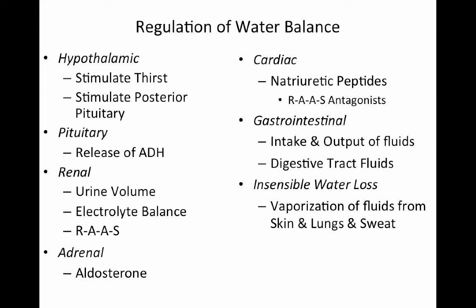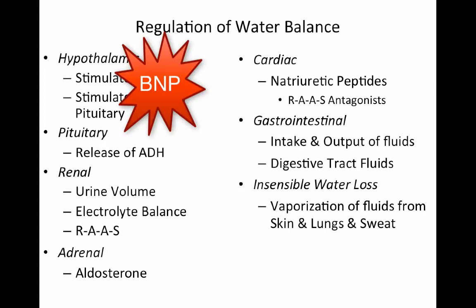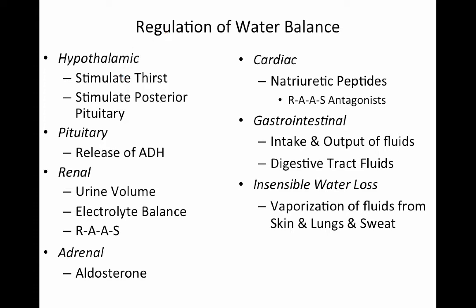BNP stands for brain natriuretic peptide, and it is secreted by your heart. The net effect of BNP is to decrease blood volume and lower systemic blood pressure and afterload. Afterload, we will talk more about when we get to cardiac, but it is essentially the force that your heart pushes against.